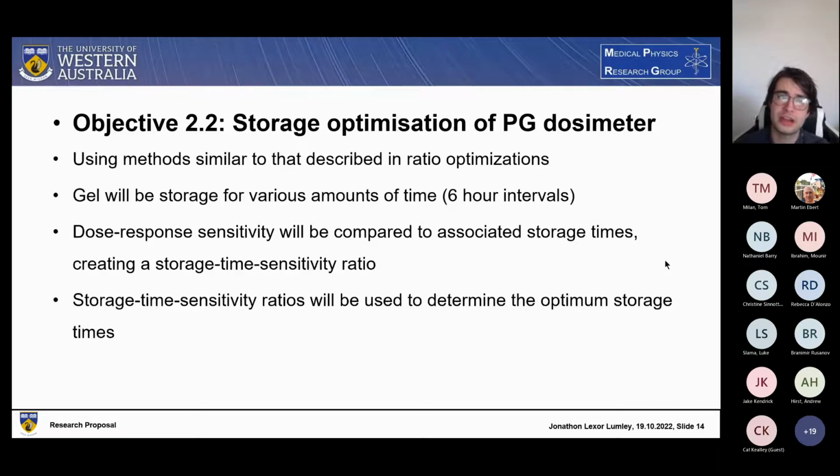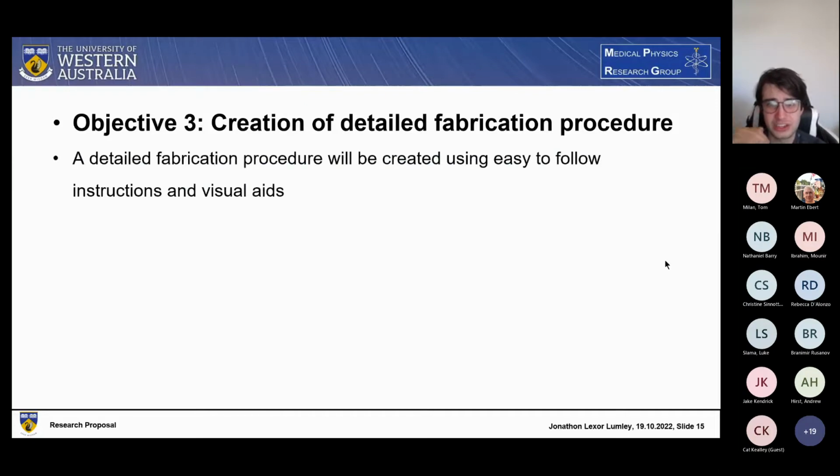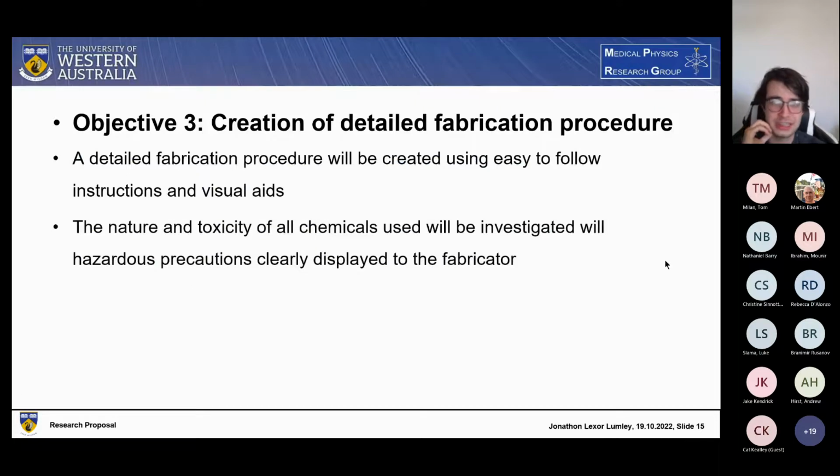So once we have our optimized dosimeters, our next objective would be to create a detailed fabrication procedure. This will be done by using easy to follow instructions and visual aids, set in a manner that even the most inexperienced individual could follow. All chemicals involved in the fabrication will be extensively researched with the hazardous precautions clearly labeled to warn the fabricators.